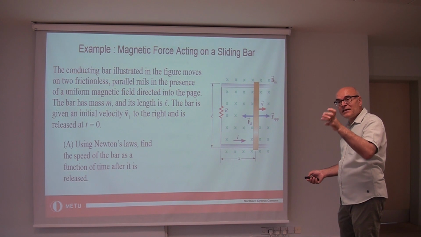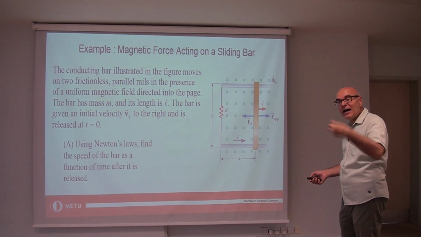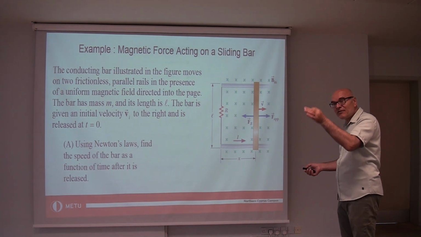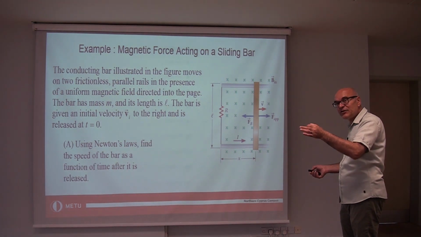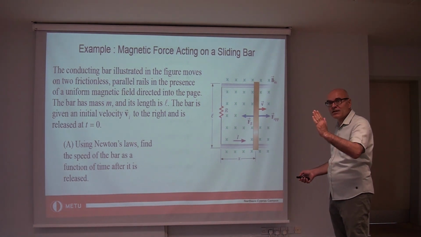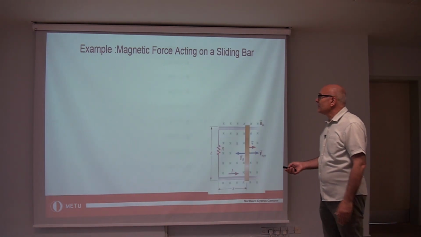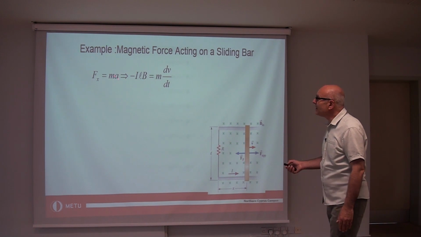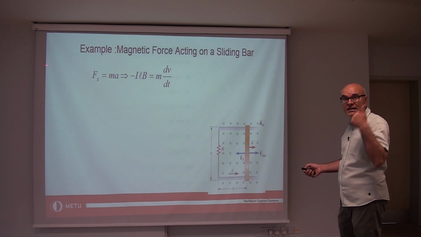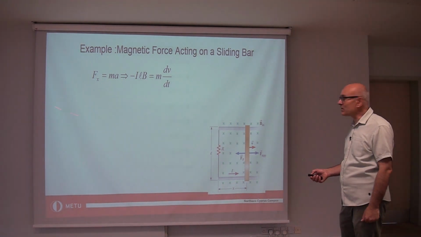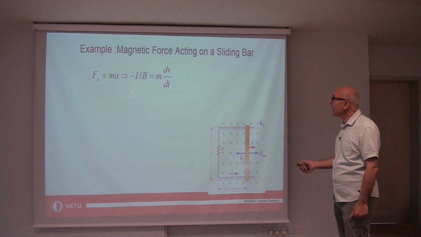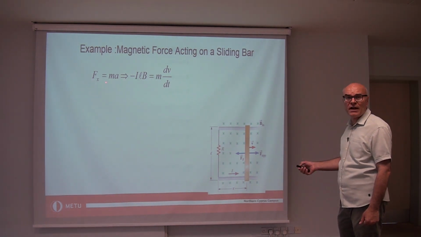What is the explicit time dependence of its velocity after it reaches a velocity v initial, and you remove the applied force, as it slows down? Well, according to Newton's law, there is only a single force acting, which is the magnetic force in the opposite direction, and this is equal to mass times the acceleration.